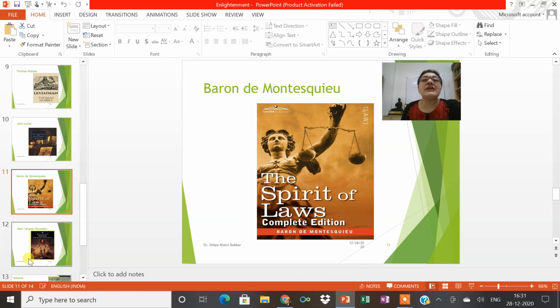Montesquieu felt that despotism was a standing danger for any government, and he argued that it could best be prevented by a system in which different bodies exercise legislative, executive, and judicial power. And all these three bodies were bound by rule of law. So the idea of separation of power and rule of law actually came from Montesquieu, from this amazing work called The Spirit of Laws.